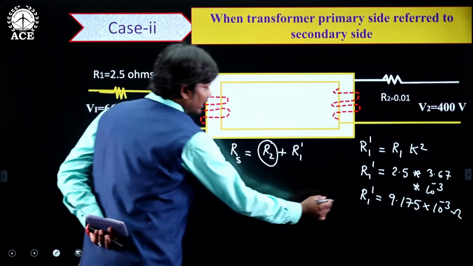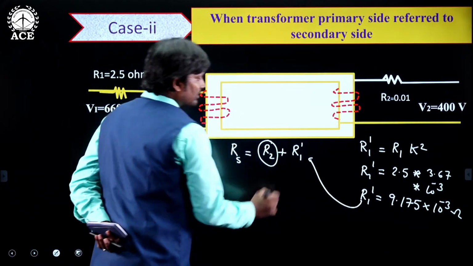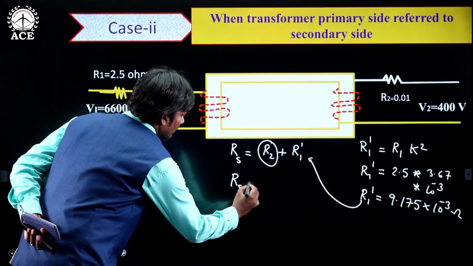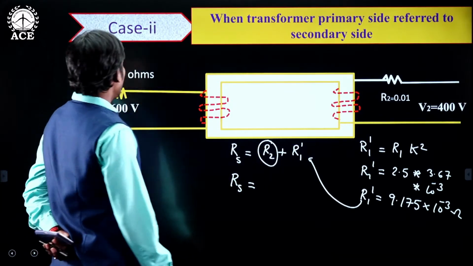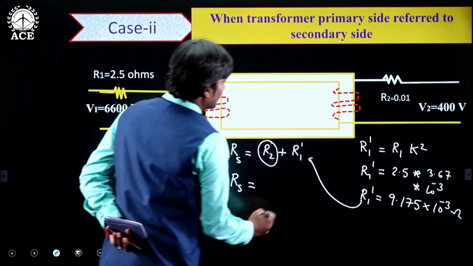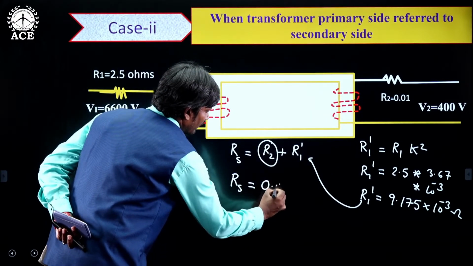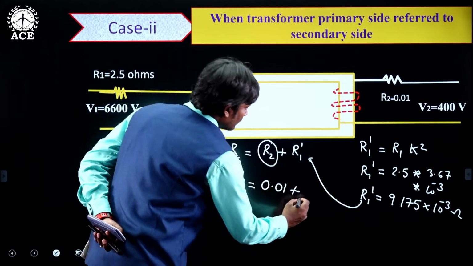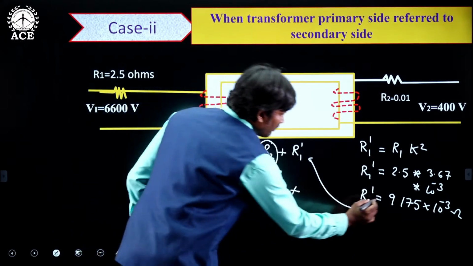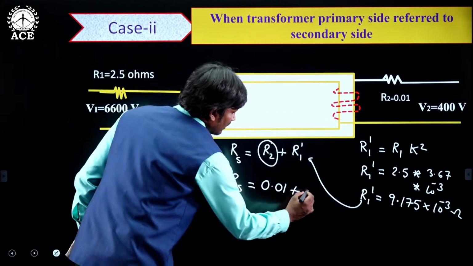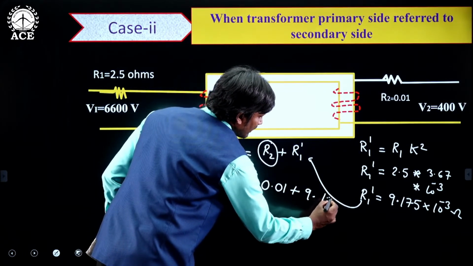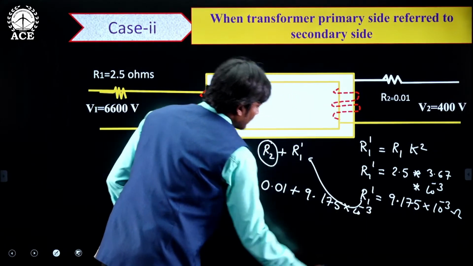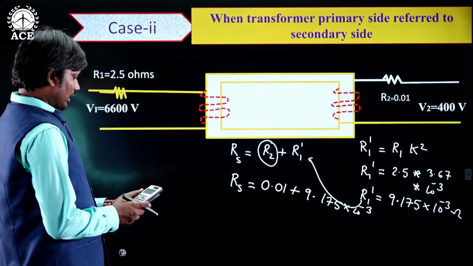Now substitute this here. Rs is equal to R2, which is given as 0.01, plus 9.175 into 10 to the power minus 3. Tell me the answer.